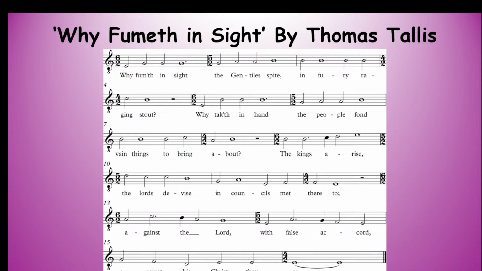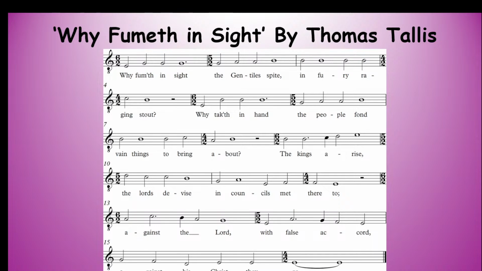Why fumeth in sight, the Gentiles spite, in fury raging stout. Why take thin hand, the people fond, vain things to bring about?